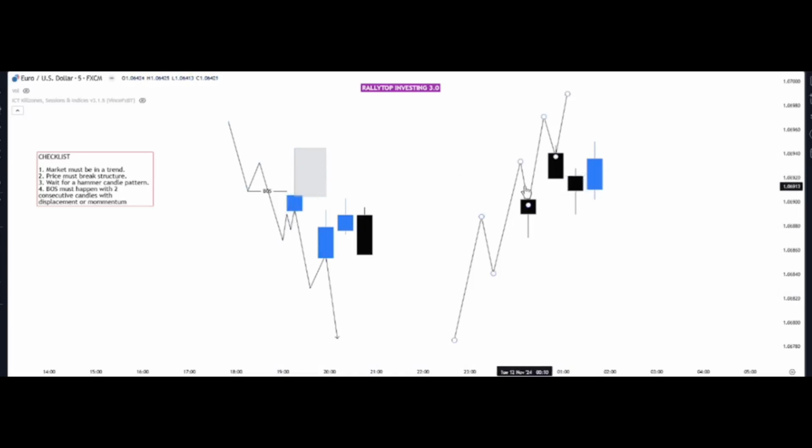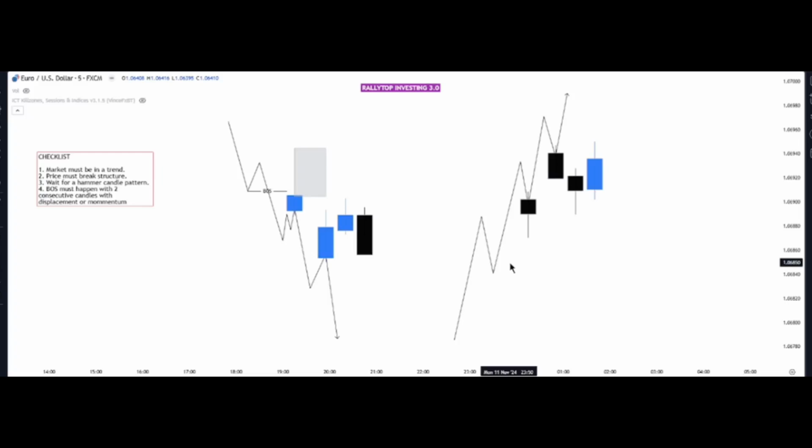The same thing here. You want to wait for price to be in a clear trend. It is either in a bullish trend or a bearish trend, but it has to be in a clear trend. You don't want to use this strategy in a consolidation market. You want to use it only in a trending market.